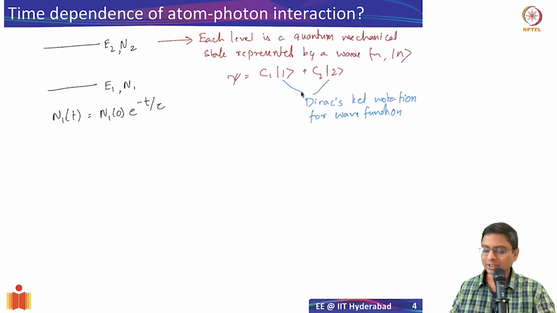So in this case, whenever you can write a wave function like this, what is the probability of finding the electron in the state 1, right?